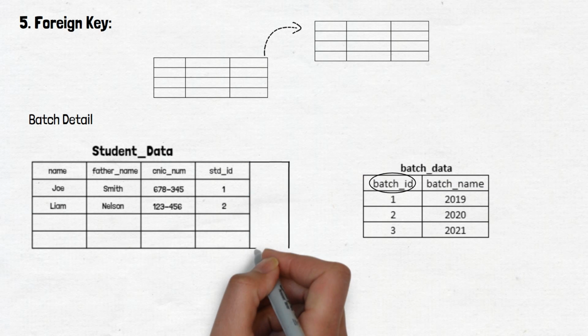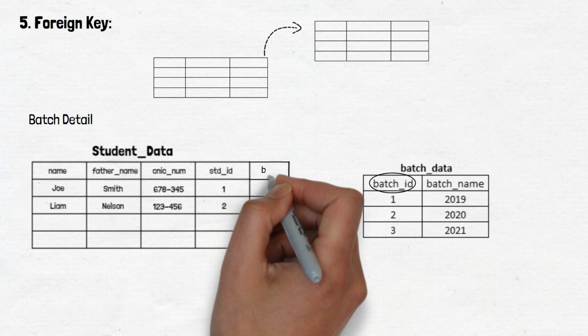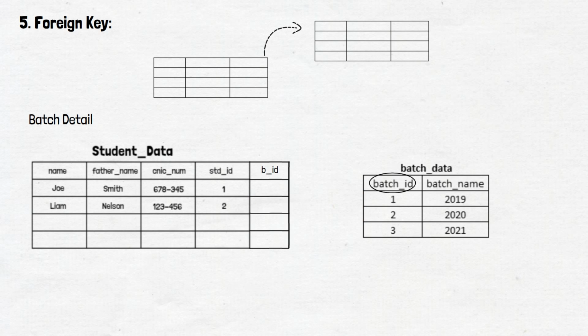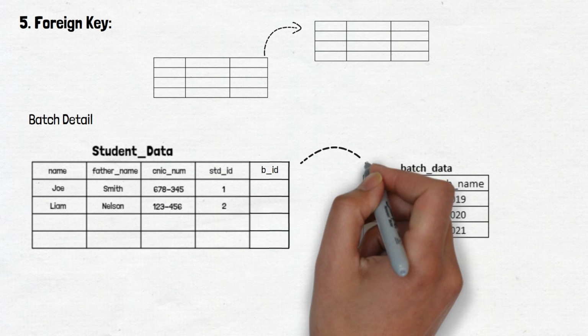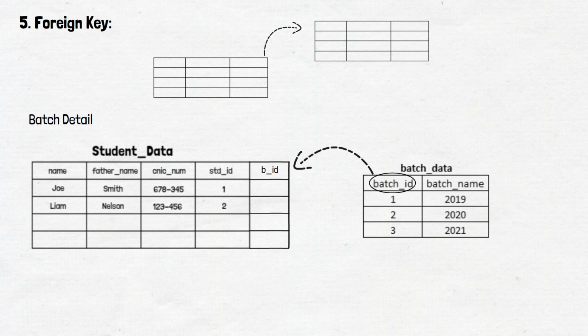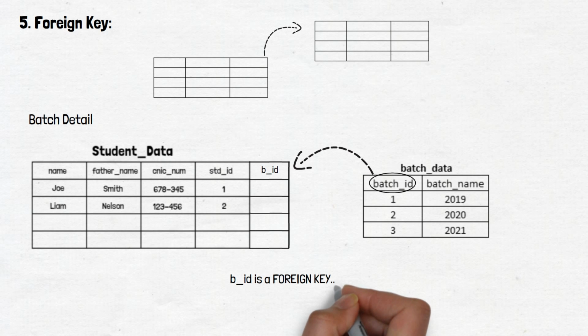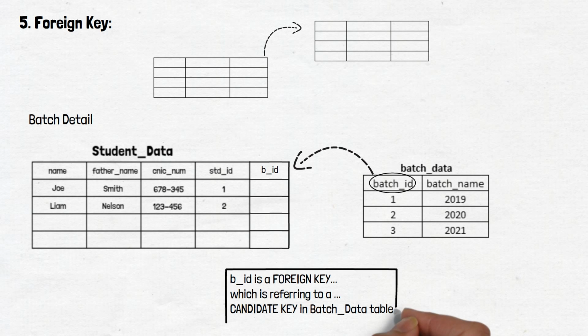So we need to create another column in our student_data table. Let's name it B_ID. Then we shall refer batch_ID from batch_data table to B_ID in student_data table. Now in student_data table, B_ID is a foreign key which is referring to a candidate key in batch_data table.